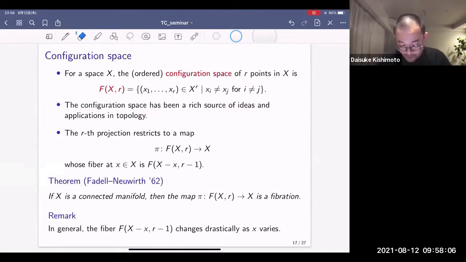And this configuration space changes drastically as X changes if X is not a manifold. But for our combinatorial version of a configuration space, this projection pi behaves very well.